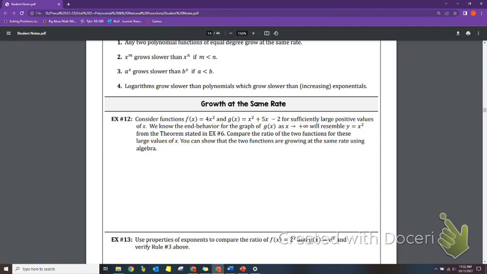All right, so looking at the equations first: f of x is 4x squared and g of x is x squared plus 5x minus 2. Notice both of them have a degree of 2.